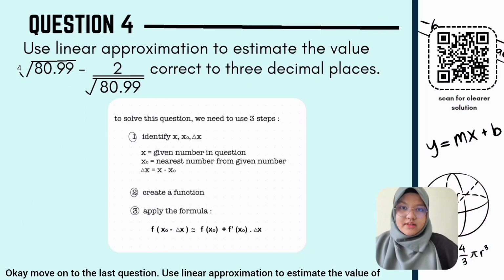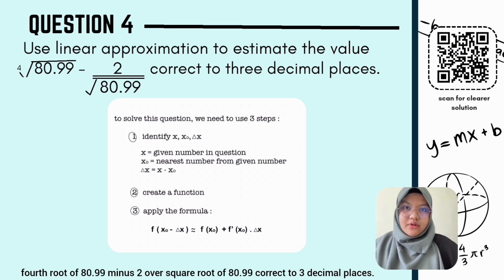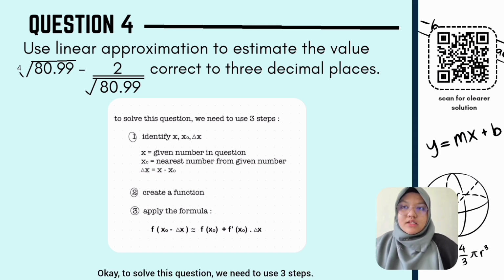Okay, move on to the last question. Use linear approximation to estimate the value of fourth root of 80.99 minus 2 over square root of 80.99, correct to 3 decimal places. To solve this question, we need to use 3 steps. First is to identify the x, x0 and delta x.